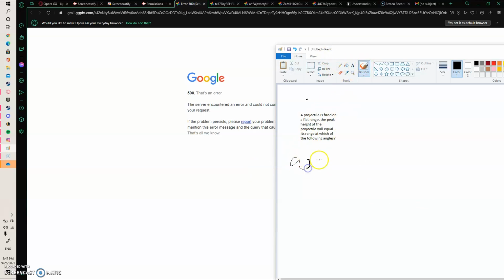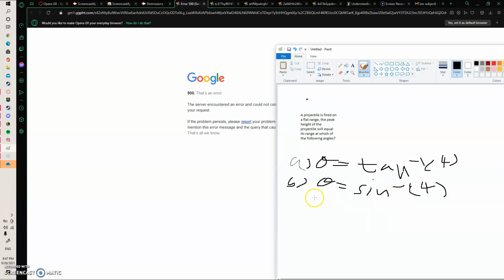Answer option A, which is theta equals inverse tan to the fourth, option B, which is theta equals inverse sine of the fourth, and option C, which is theta equals inverse cosine to the fourth.